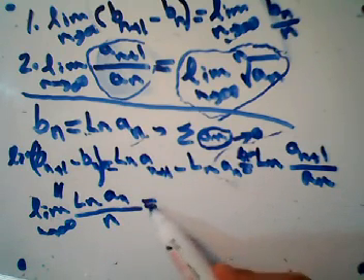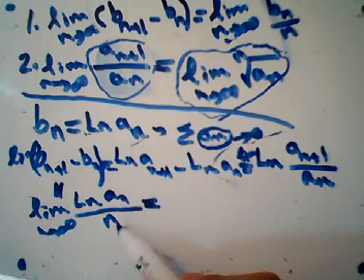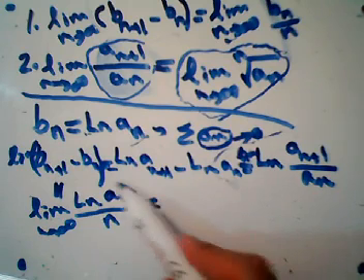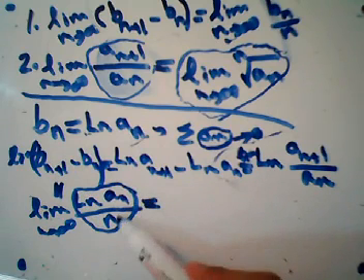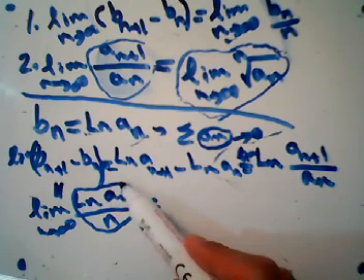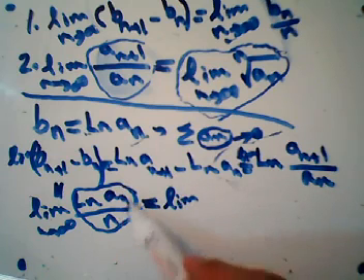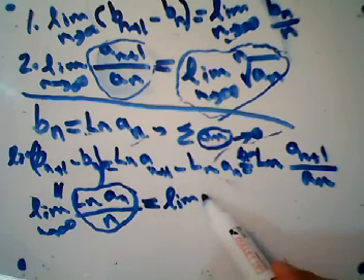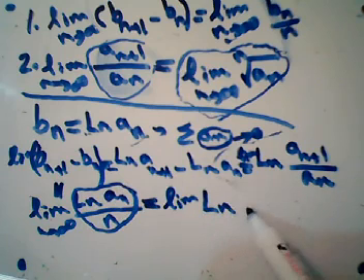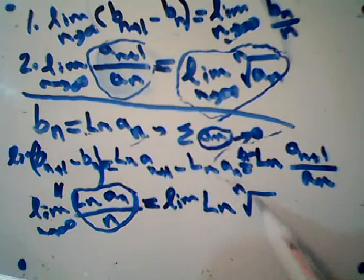And this, again according to the rules of logarithm, the n goes to the power of a_n, which means that this would be equal to the limit of the ln of the nth root of a_n.